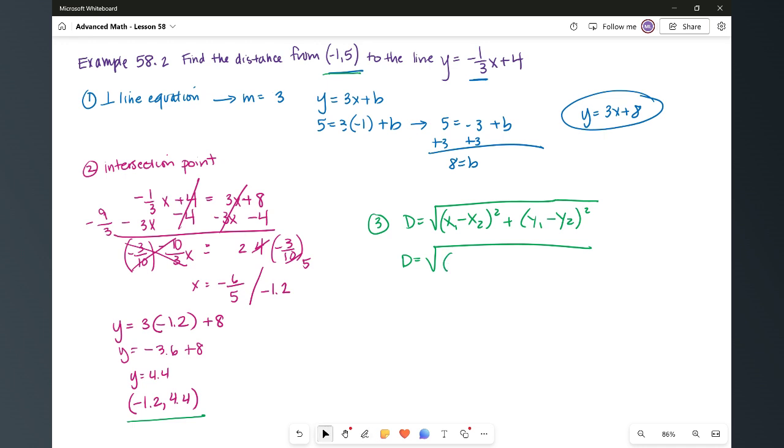x1, I just use the top point, minus the bottom point, negative 1.2 squared, plus y1 is 5 minus 4.4 squared. We can actually do a lot of this one by hand, or you can use your calculator.